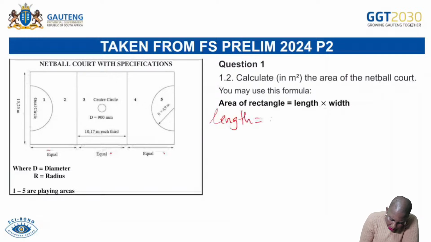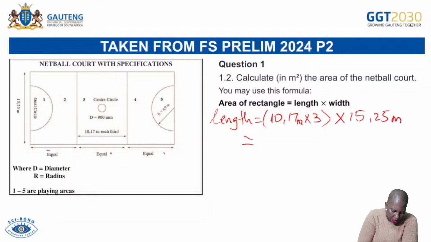Our length will be 10.17 meters times 3, times what? Times the width. How wide is the netball court? It is 15.25 meters.